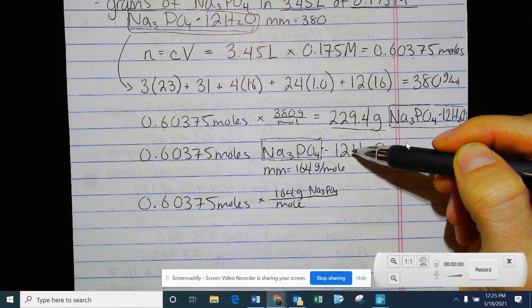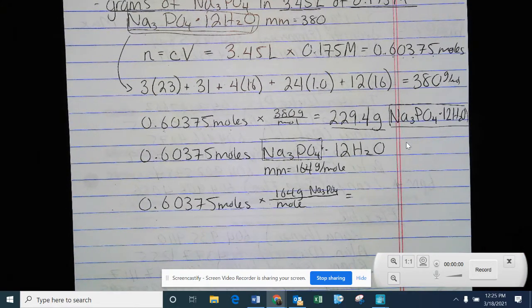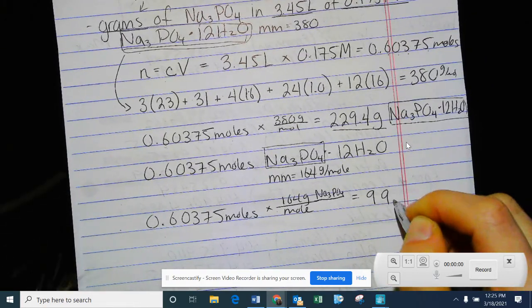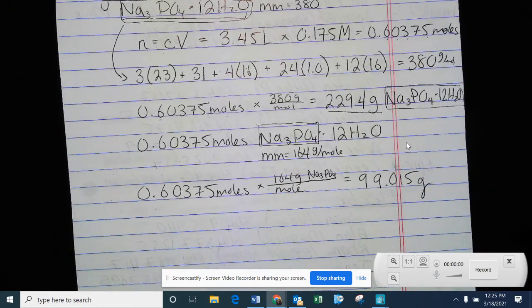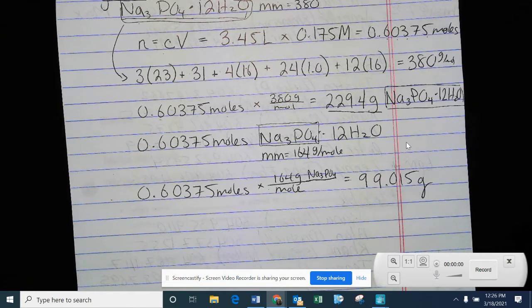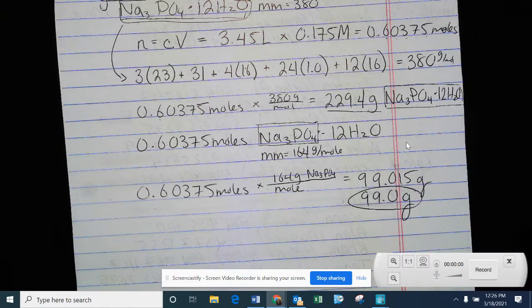So what we're going to do is 0.60375 times 164, and we're going to get 99.015 grams. How many sig figs should I have? 3. So 99.0 grams.